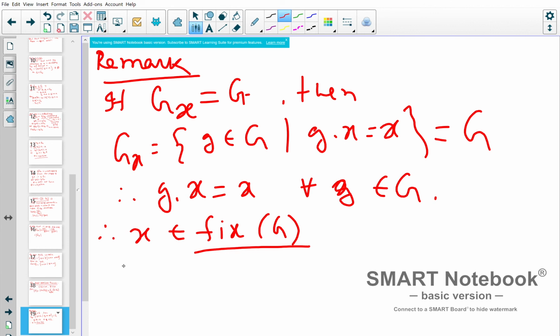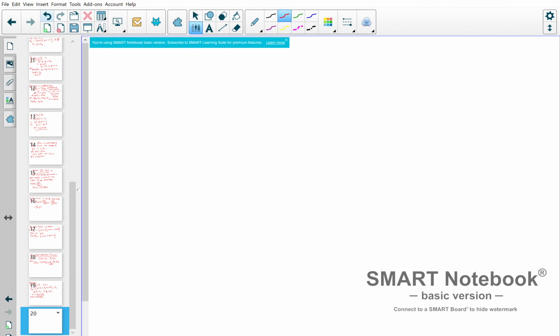And conversely, if x belongs to the fixed point set of G, then what happened?